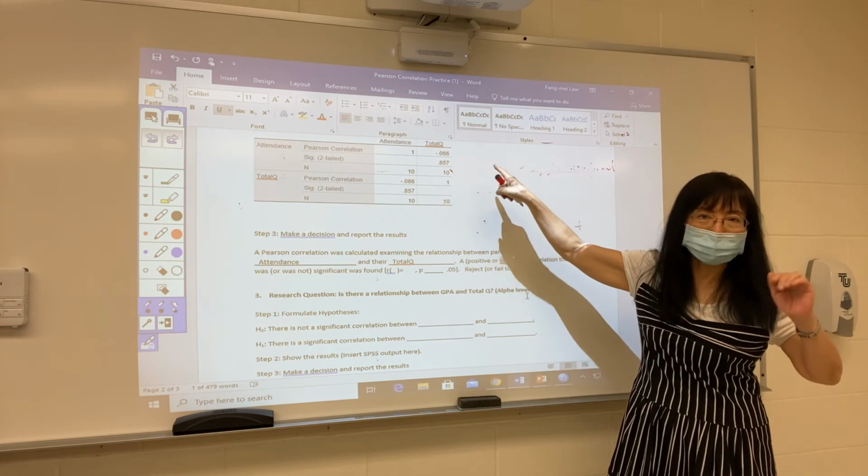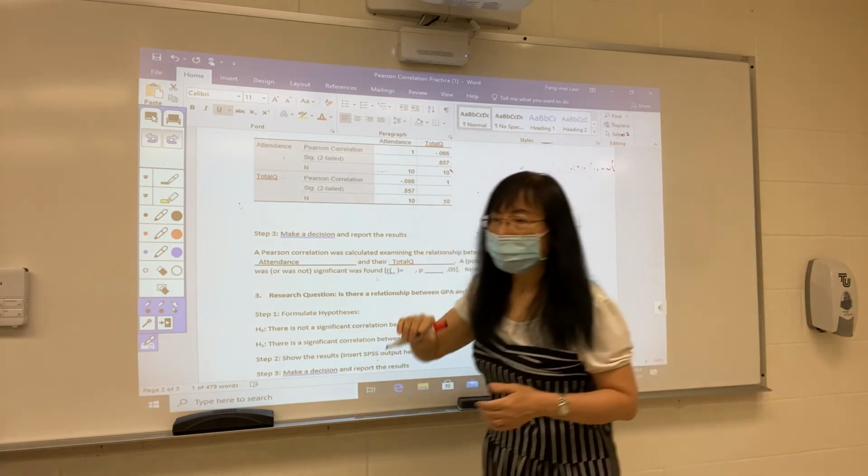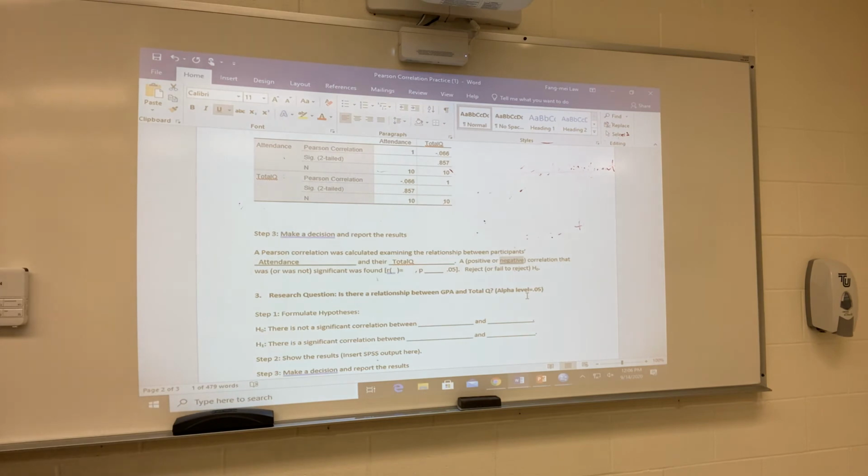So still bad news. What is your degree of freedom? Here we need to say was not. Okay, was not. And this is still 8, equal to negative 0.066, and P is greater than 0.05.